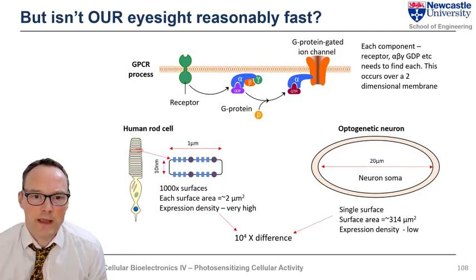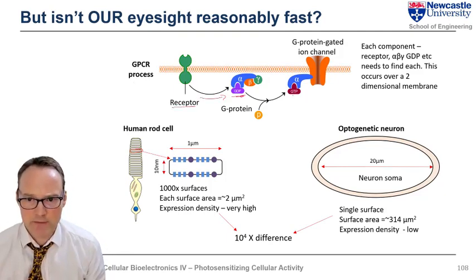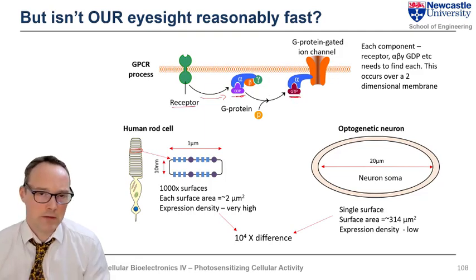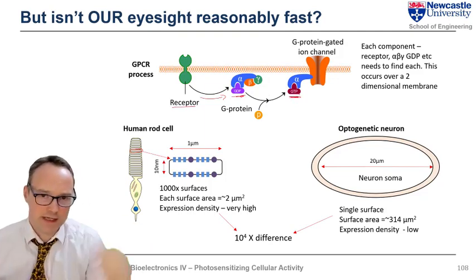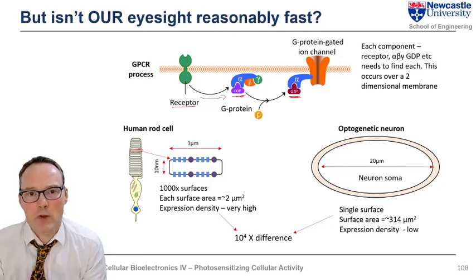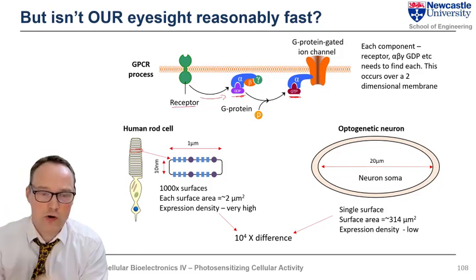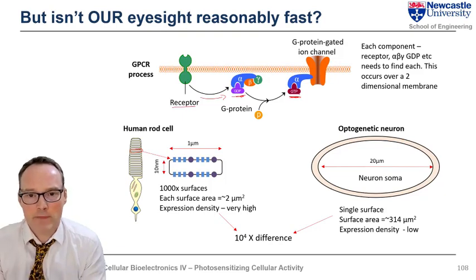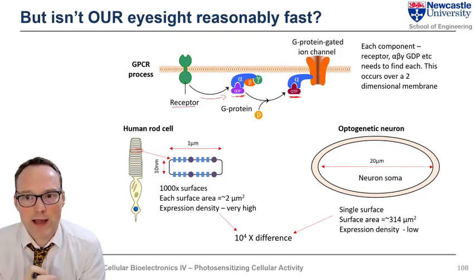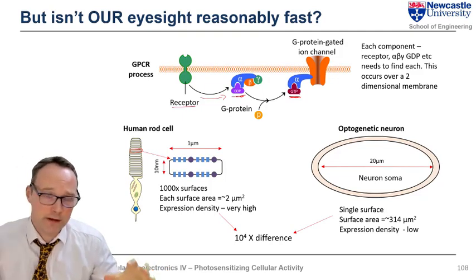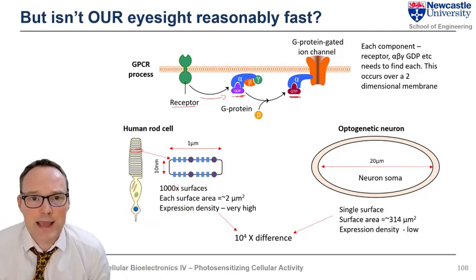So if you think of this G protein cascade, the receptor has to talk to the G protein. The G protein has to talk to the PIP or the cGMP or whatever the components are that turn on or turn off the ion channels. It's got to have them all close by. If they're further away, the probability of finding these things gets worse.